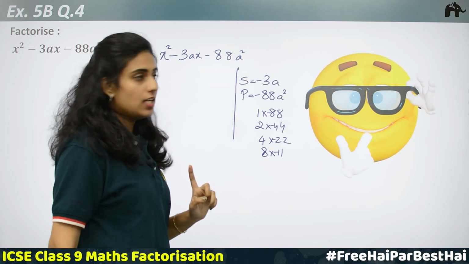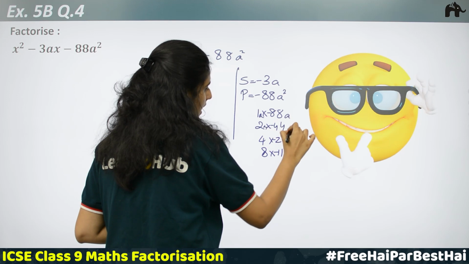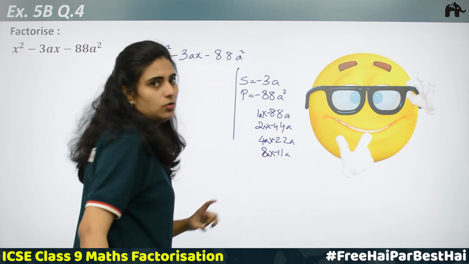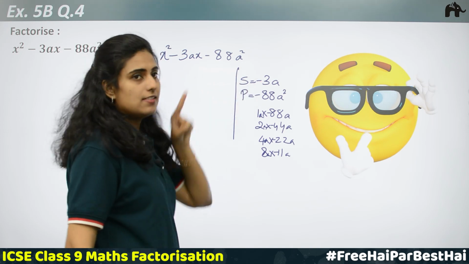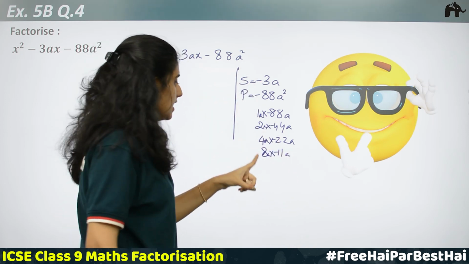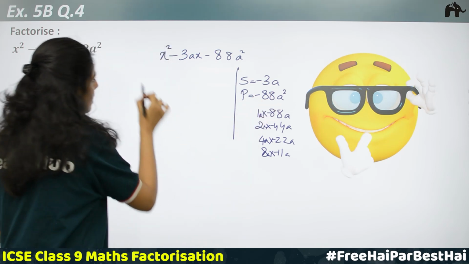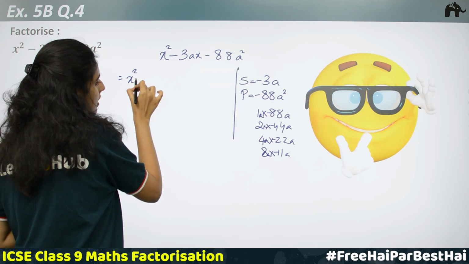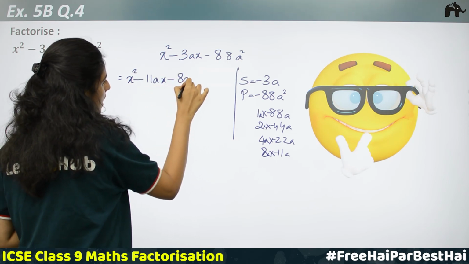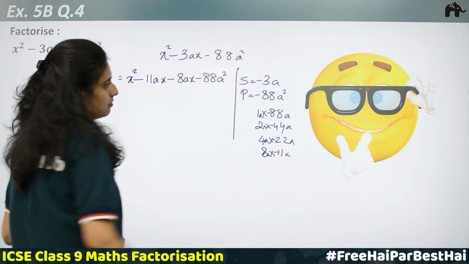Now here we will be putting a with them. So when do we get minus 3a? Minus 11a plus 8a, we get minus 3a. So here this is x square minus 11ax plus 8ax minus 88a square.